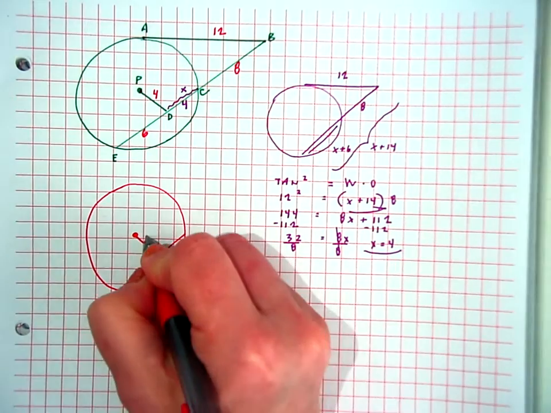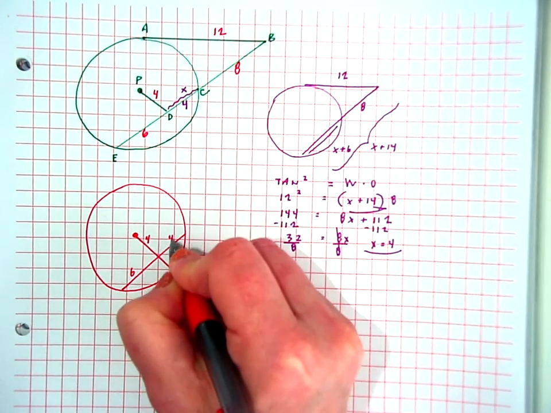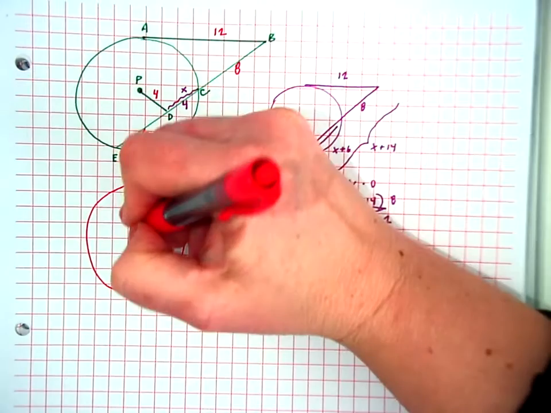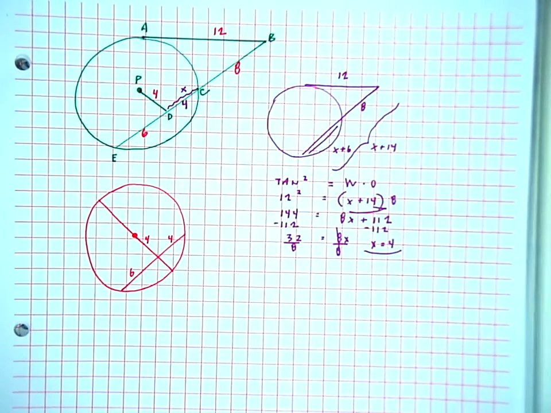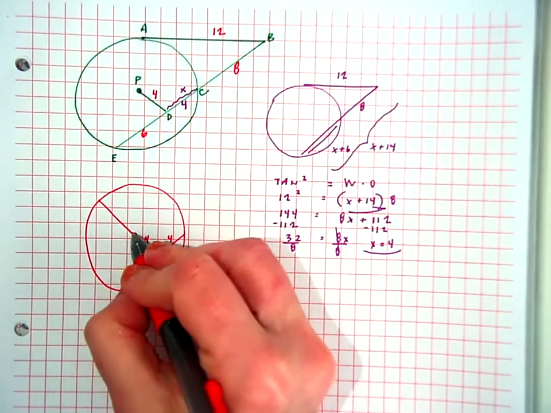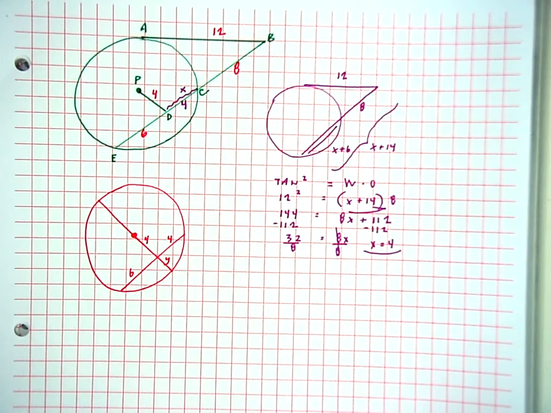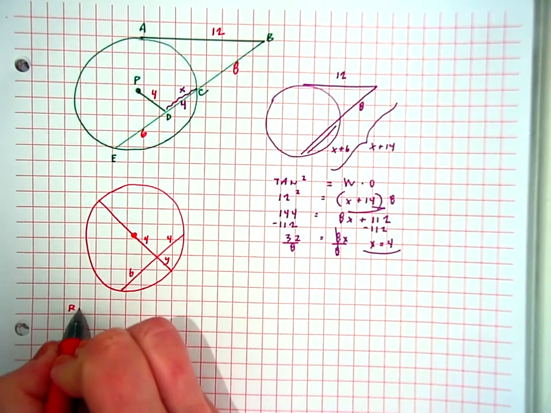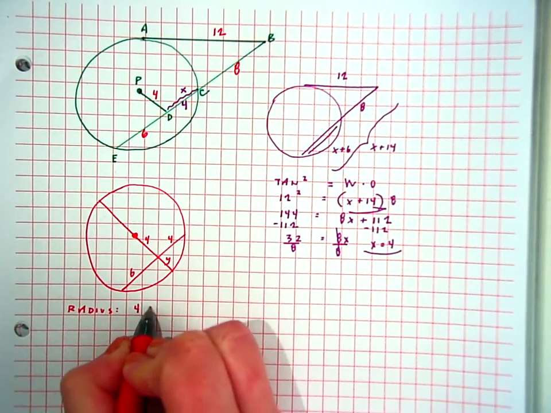So I have the 4 here, I have the 6 here, I have the 4 here, and I'm going to go ahead and connect all the way through like that and draw in a diameter. So let's say that I'm solving for this part here. I'm going to call that y. Then I can see that a radius will be 4 plus y.